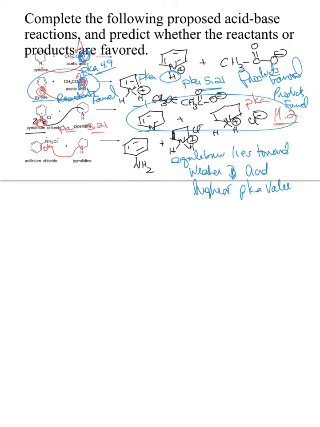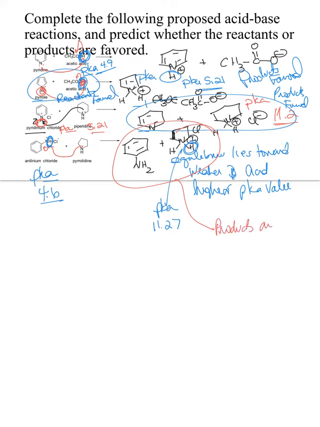And we are comparing the pKa values of this proton here, the one that got extracted. So the pKa there would be 4.6 if you look at protonated aniline compared to the pKa of protonated pyrrolidine. That's 11.27. So once again, the stronger base or the weaker acid is going to be your aliphatic amine. So in this case, products are favored.